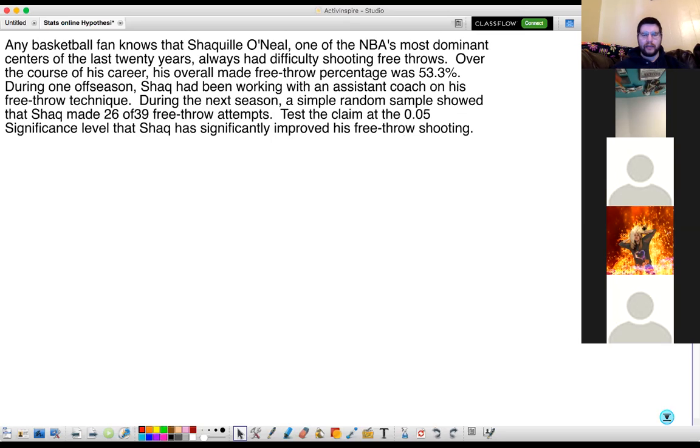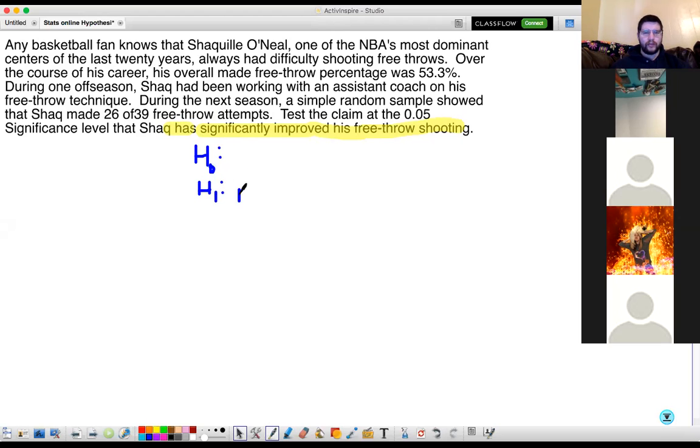So there's my claim. That's alpha. Has improved his free throw shooting. Improved would mean it's bigger than it was before, so that's going to be greater.